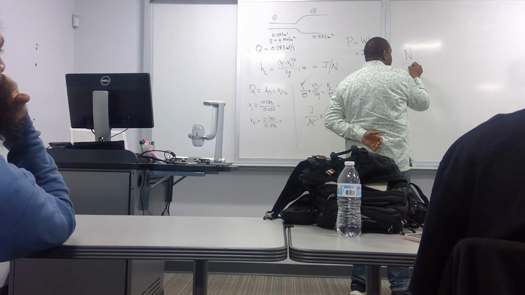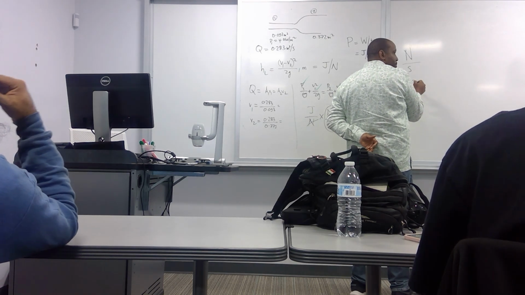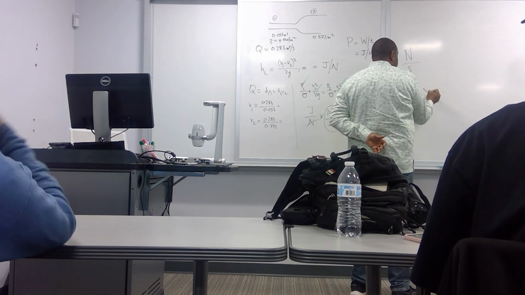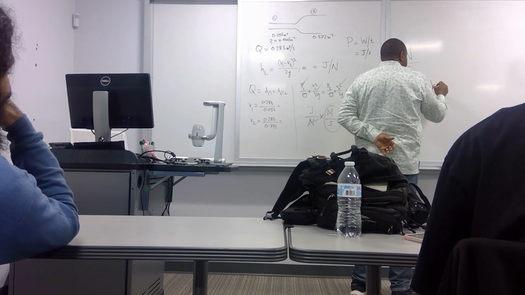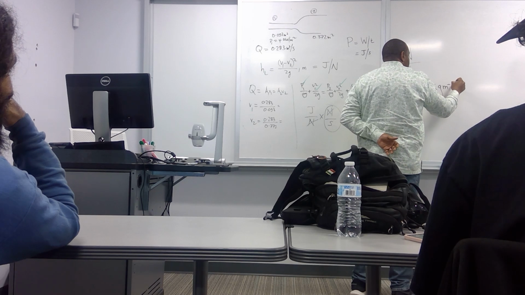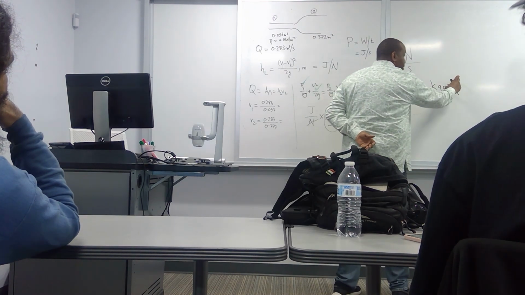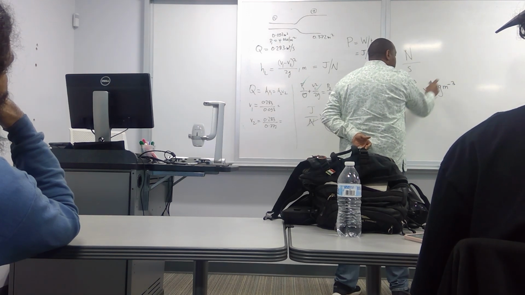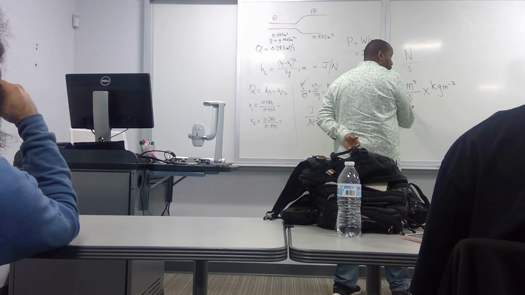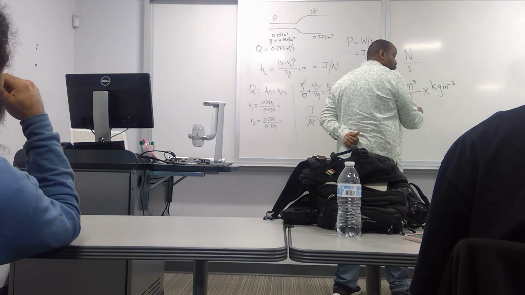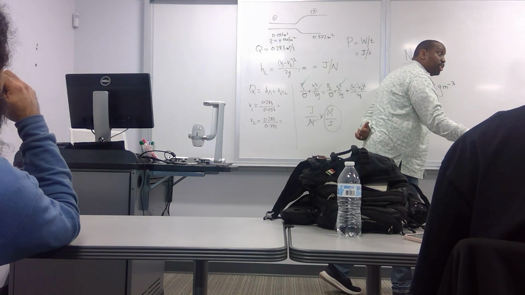But this is volume. I need newtons. Then I say, let's multiply by density, which is kilogram per meter cube. These will cancel, so I end up with kilogram per second. And now to convert from kilogram per second to force per second, I need to multiply by g.